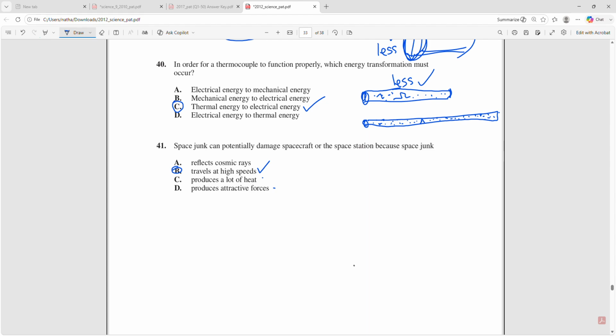It's because it travels at high speeds. They don't reflect cosmic rays, doesn't produce heat, it's just junk floating in space.